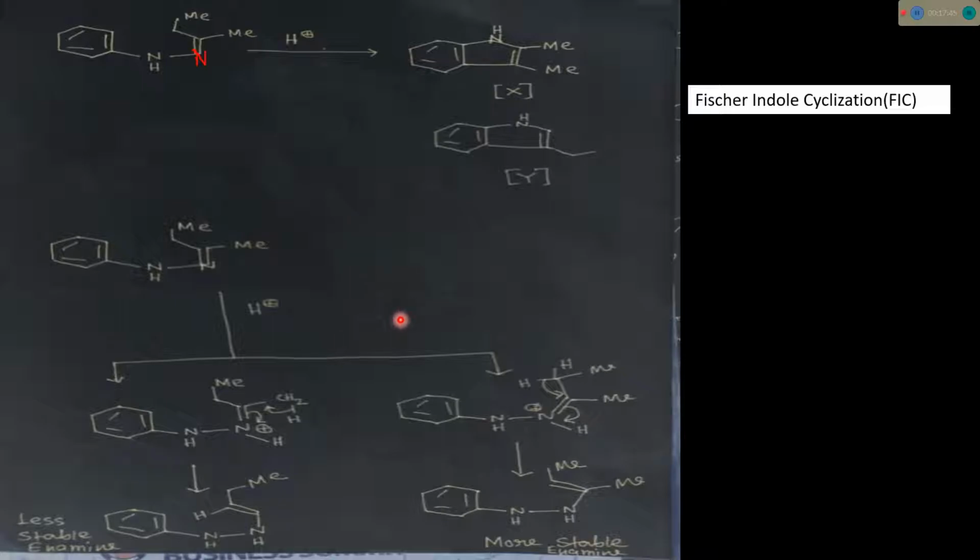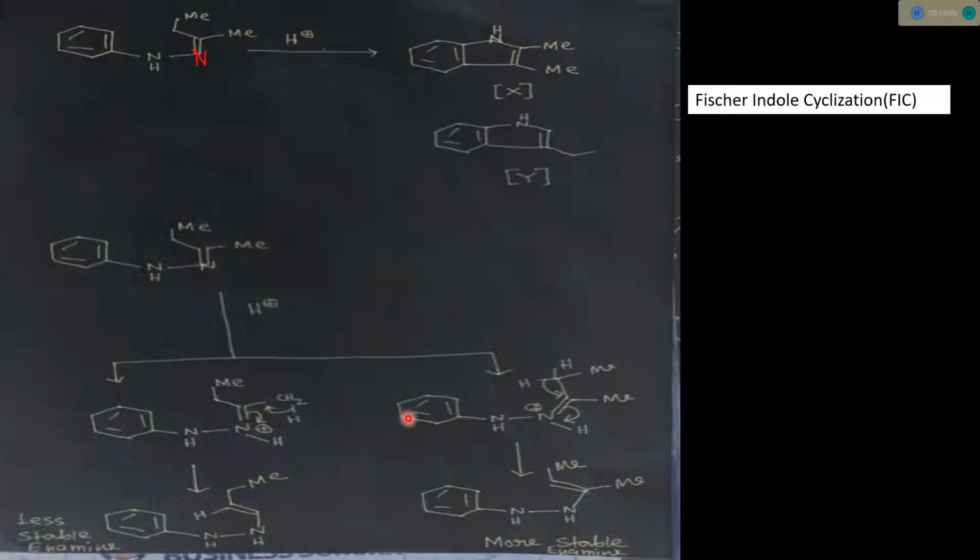Since in this case there are two paths to form the intermediate, phosphoric acid will let both paths proceed to the same extent, because for H3PO4 there is no time to select the path in which the stable intermediate is formed.